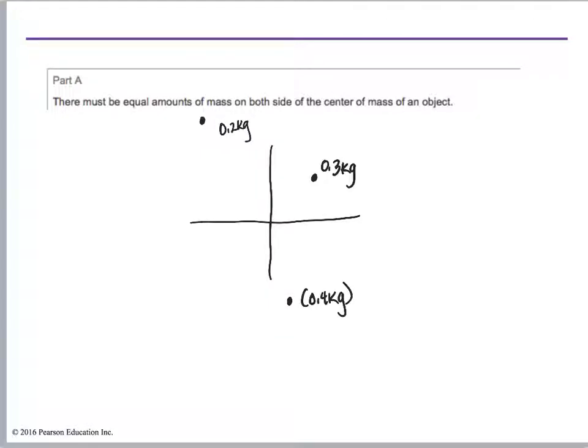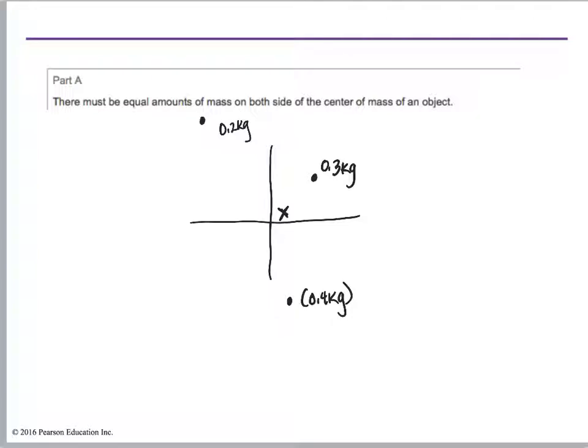We ended up finding that our center of mass location was somewhere around here. And if you look, this doesn't have equal amounts of mass on both sides of the center of mass. That doesn't work out that way.